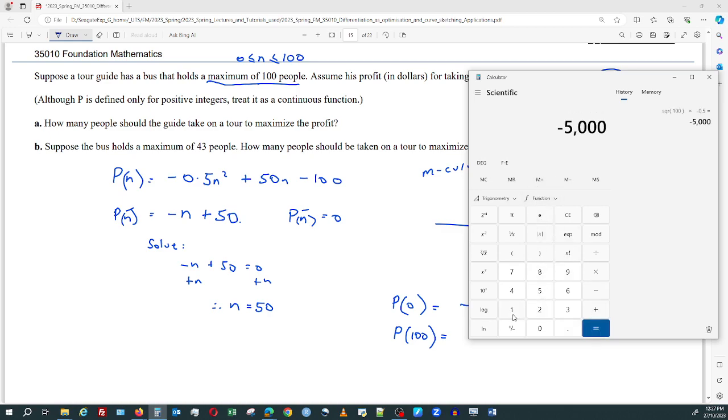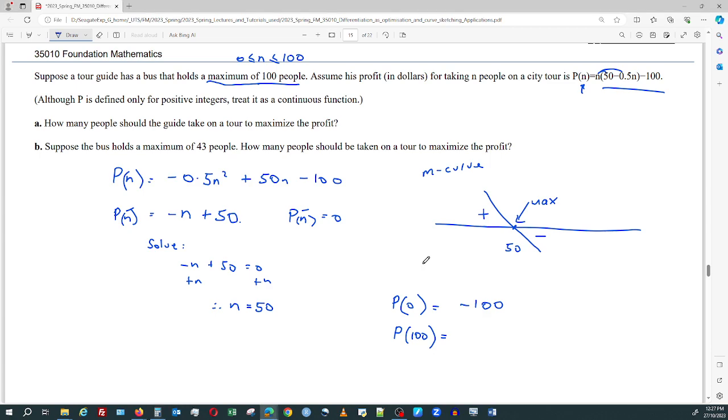We've got 100 times 50, and we add that to the memory. And then 100 minus. Just do a memory recall. We see that we've got minus 100. Unexpected, but that's the way it's worked.